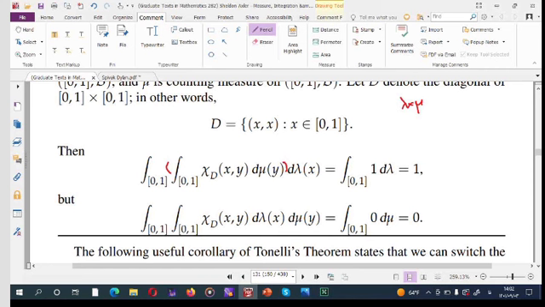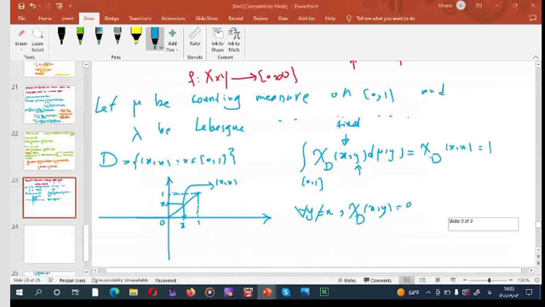But if we change the order of integration, we have the first integral with respect to Lebesgue measure, and the integral of this function with respect to Lebesgue measure equals 0, because this function is equal to 1 only at one point and otherwise equal to 0.